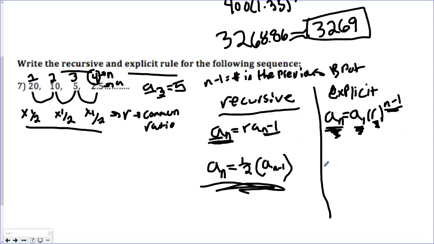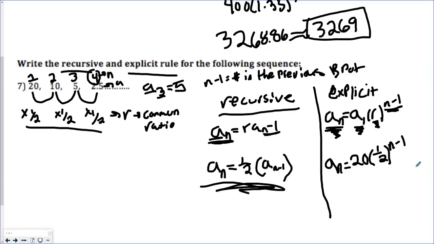So in our formula, this would look like a sub n, again, it's like our y, is equal to our first number, which is 20, times our common ratio, which is 1/2, to the n minus 1. So again, n is just the number that you want. So what you're getting is sort of the beginnings of a problem. You're saying, okay, here's the formula to get whatever number you want. You tell me what number you want. I can use this formula to get you to that spot.